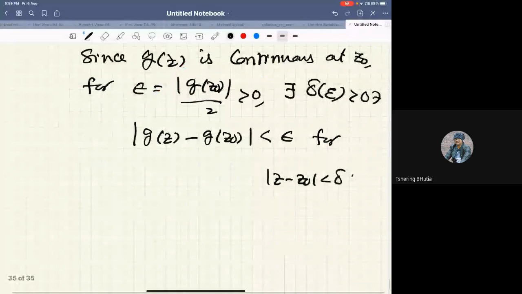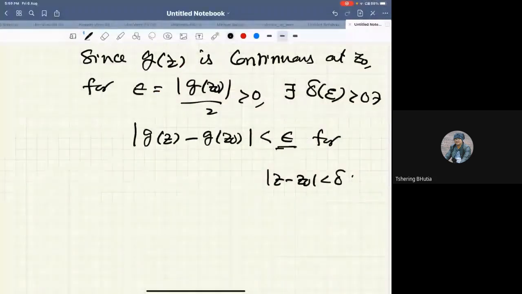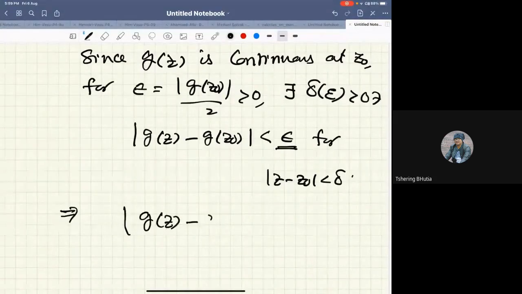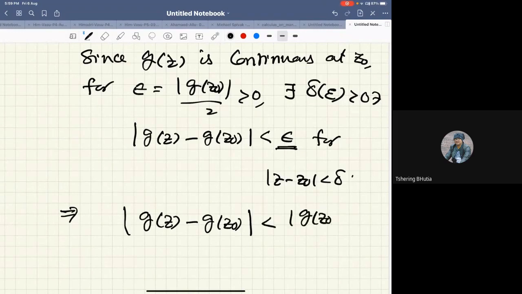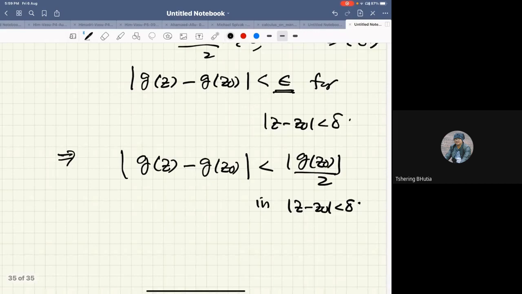Now, I will substitute my epsilon here. This implies modulus of g of z minus g of z0 is less than modulus of g of z0 by 2, for modulus of z minus z0 less than delta. Now I will use the other triangle inequality.